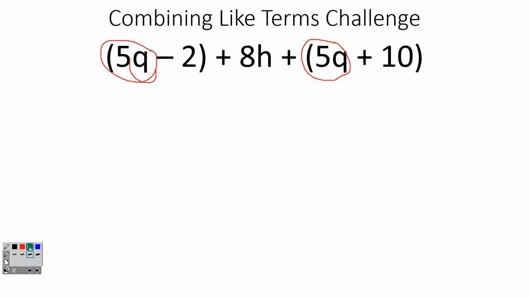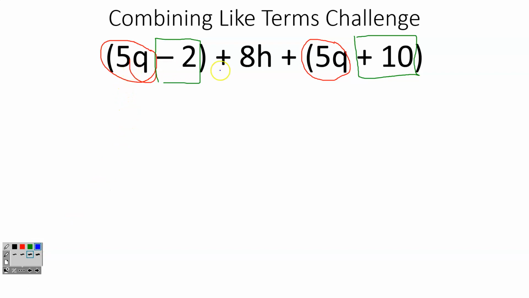So those right there. If I look for terms without a variable, I've got this one right here. And I've got this one right here. And that 8h, I can't do anything with, so I am ready to start combining.